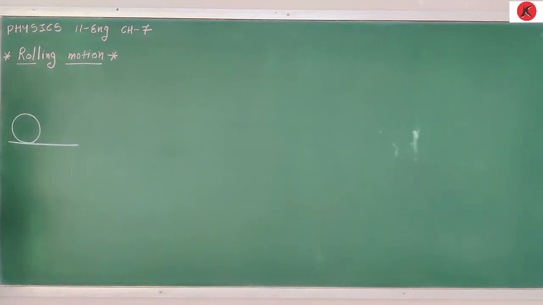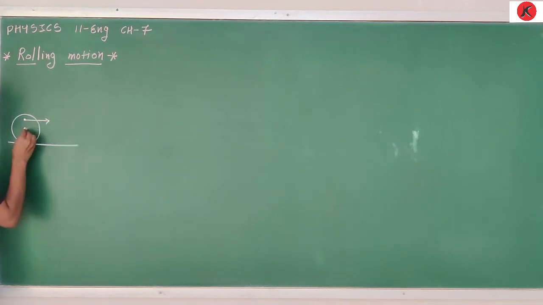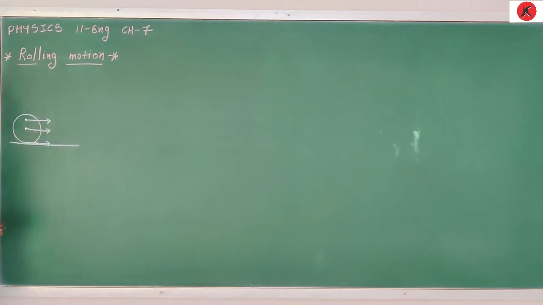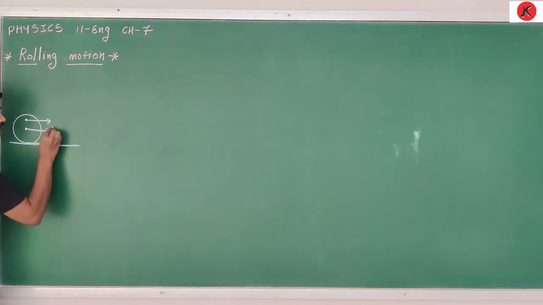This disk is moving such that each and every particle, including its center of mass, has linear velocity in this direction, and as it is a rigid body, the linear velocity of each and every particle will be the same, and it is the same as the velocity of the center of mass.